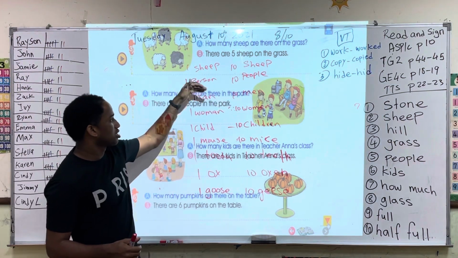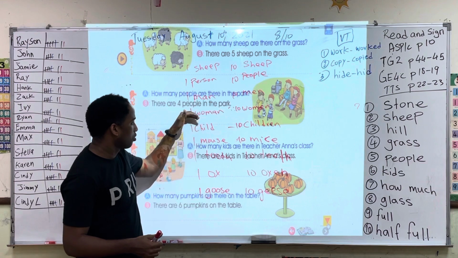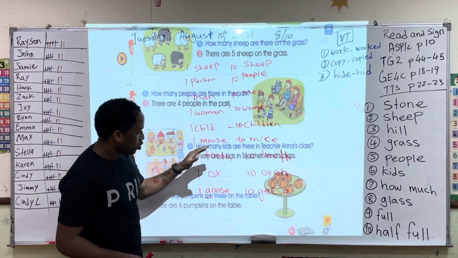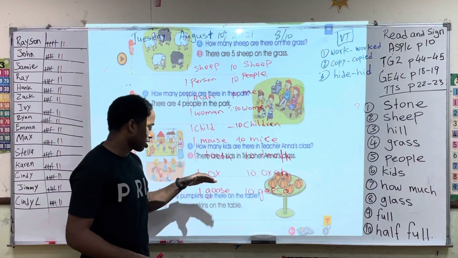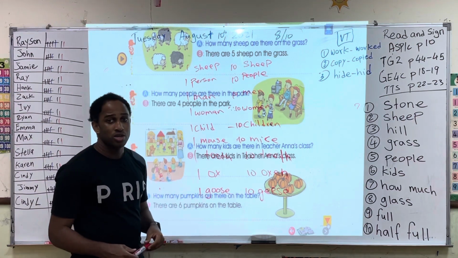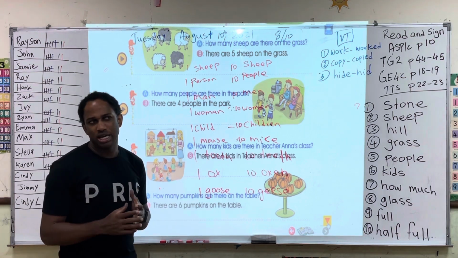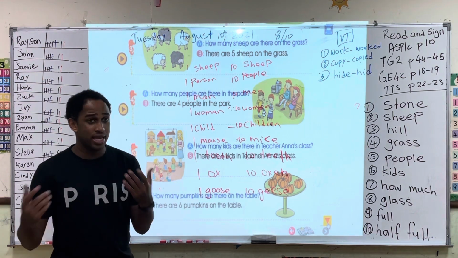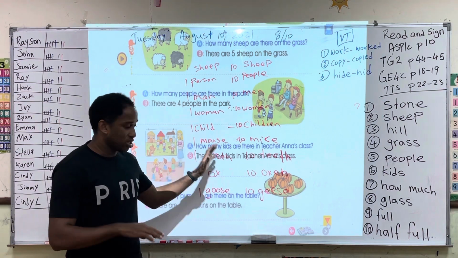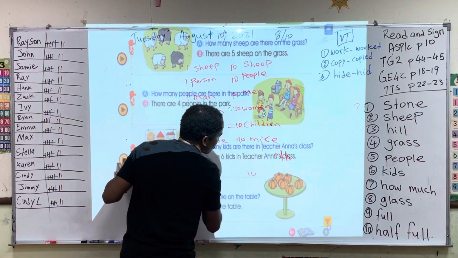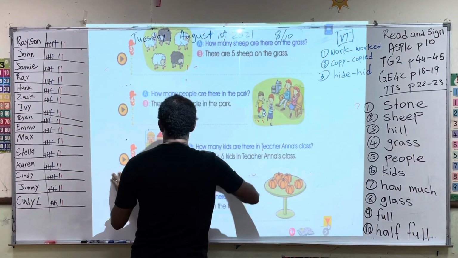Person, people, man, men, woman, women, child, children, mouse, mice, tooth, teeth, ox, oxen, goose, geese. Good, so these are irregular. You don't add ES or S like the regular ones. This is totally different. Okay, good. Now let us go to number 5.